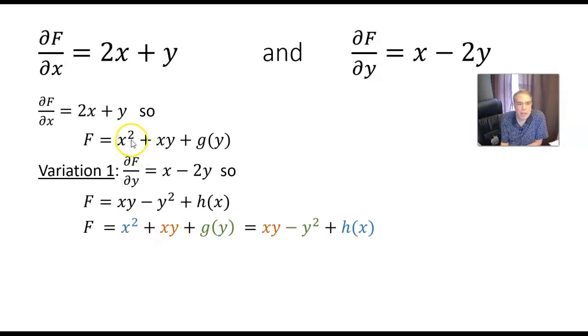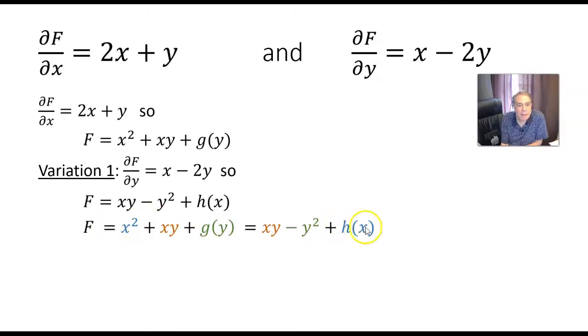The first thing we got said there was an x squared in there. So that must be the term that only involves x. And the second thing we got said there was a minus y squared in there. So that must be the part that only involves y. And they both said we had an xy. So we would expect that to agree.